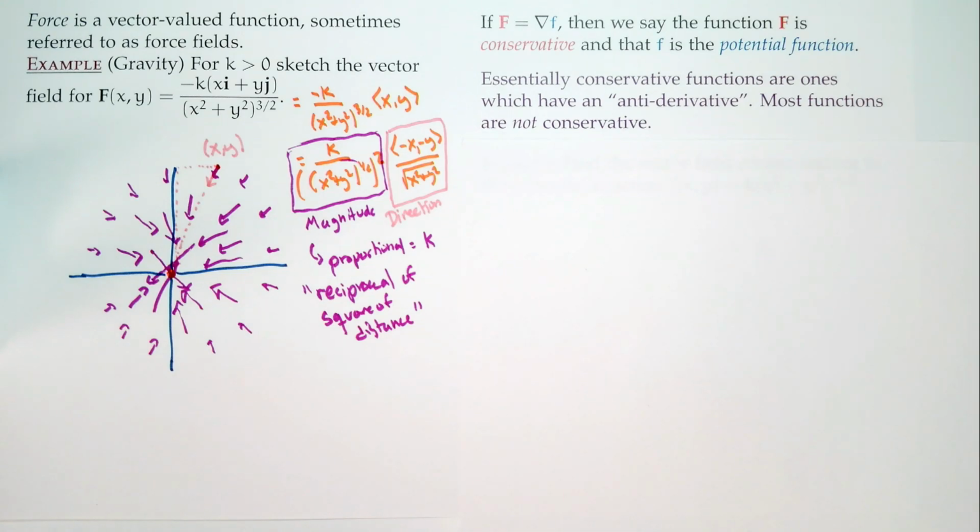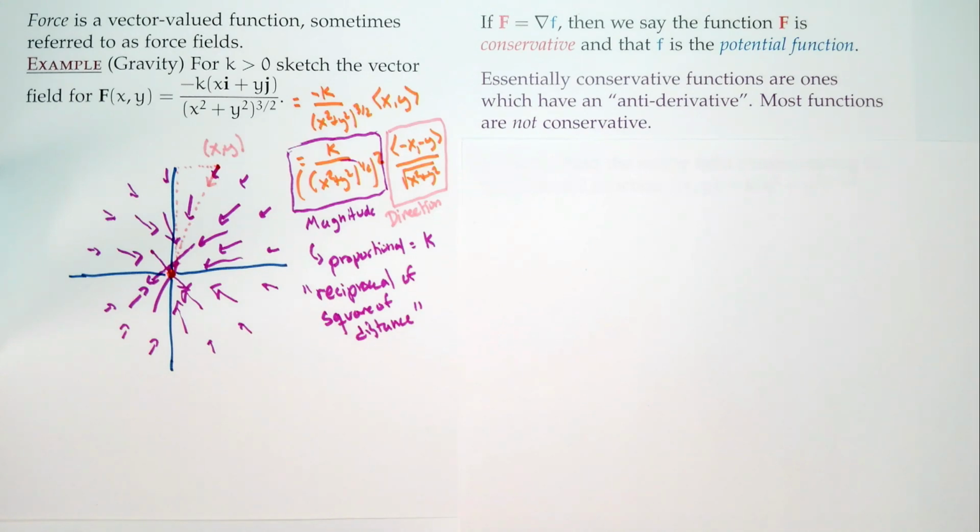So the conservative functions are the ones which have, in some sense, an antiderivative. Most functions are not conservative. And that statement may either not surprise you, or may make you say, whoa. It might not surprise you because it's hard to satisfy certain conditions.